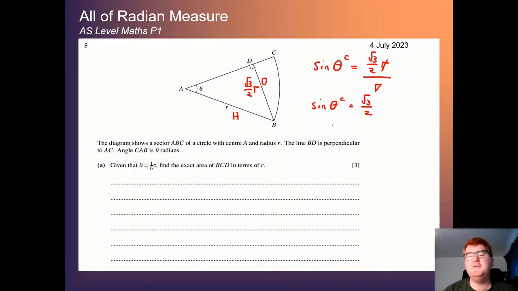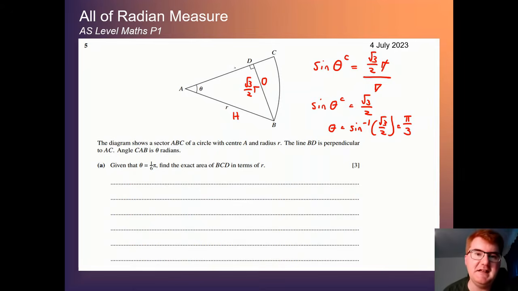Again, if you do forget your exact values, that's absolutely fine. Work out the inverse sine here of root 3 over 2. But again, you can always put your calculator in radians, then you just go sine inverse root 3 divided by 2. And notice it will give you then 1/3 pi or pi over 3. So again, if you forget them, get panicky in the exam, your calculator is there to help you.